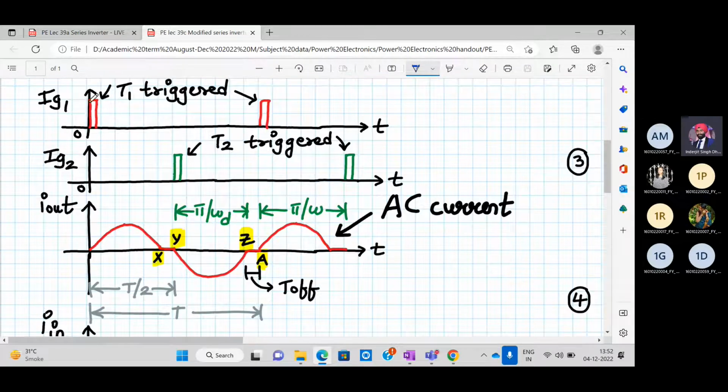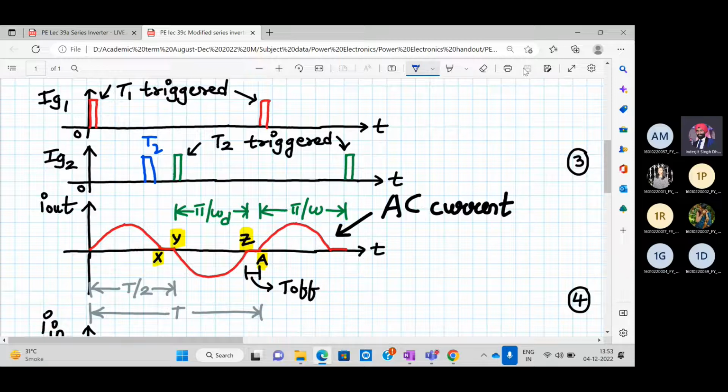Let's say T1 is triggered. And let's say we trigger T2 over here. This is the triggering point for T2. What can go wrong over here? I out current has not reached 0 and you are triggering T2.